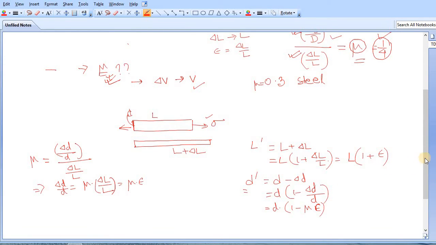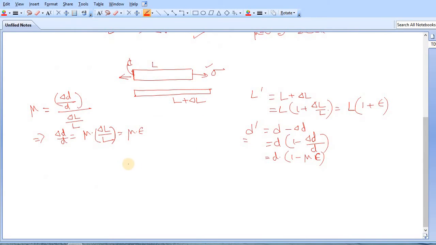Clear? Now what was the previous volume? Previously the volume was L multiplied with the lateral dimension d, and in the other direction also the dimension is d, both are d. So previously it was L multiplied with d into d. This was your volume. Now what is the new volume?